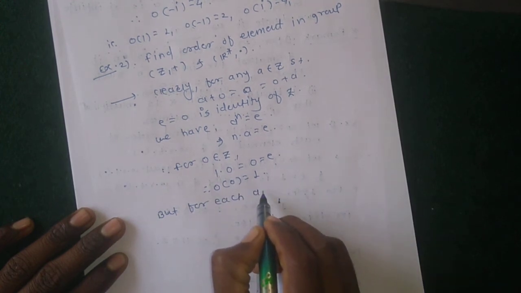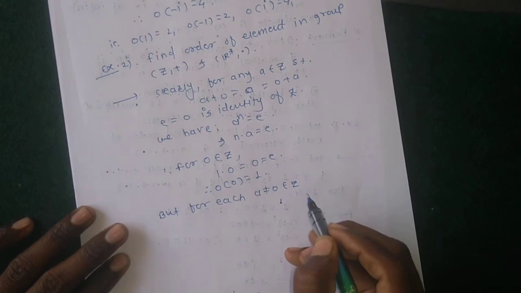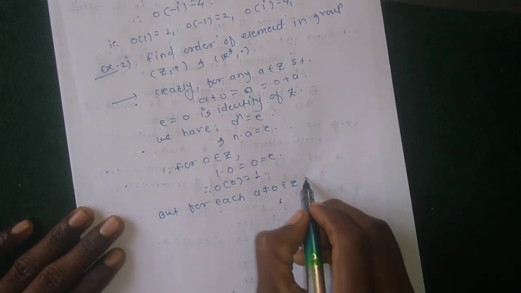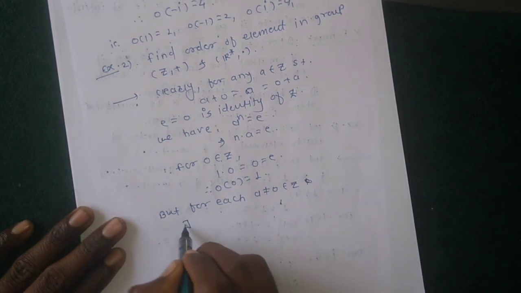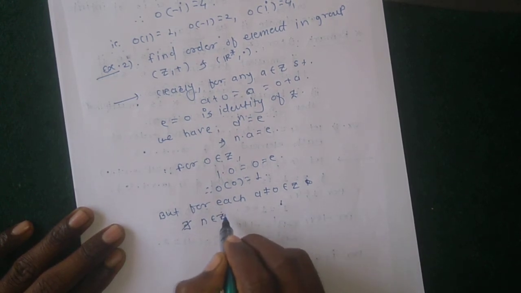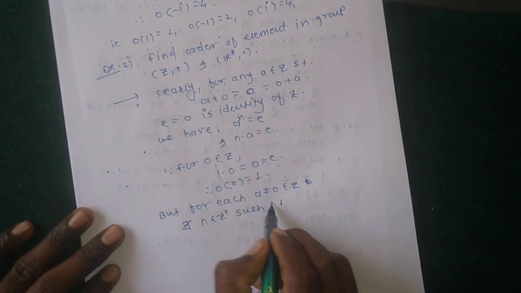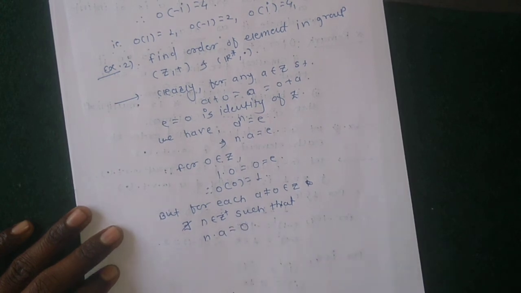But for a non-zero integer a, there does not exist n belongs to Z plus, the set of positive integers, such that n into a equals 0.